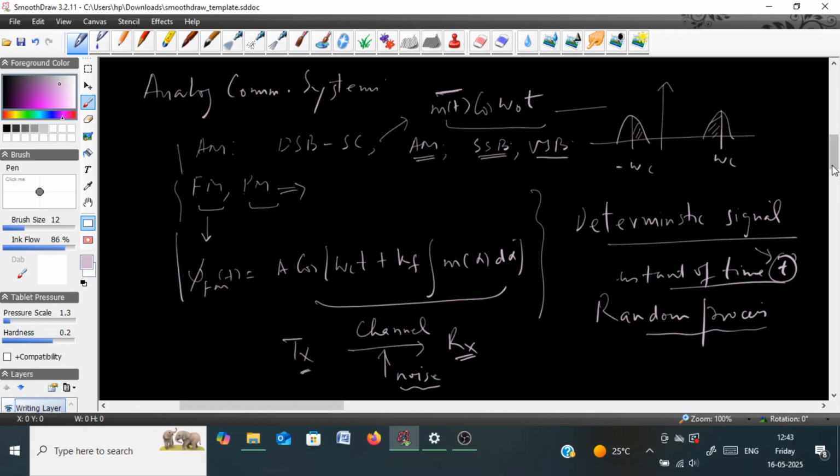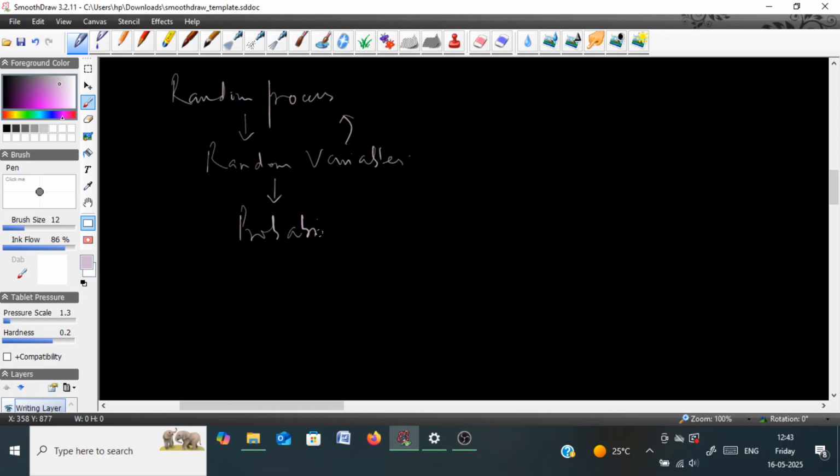So that is why the study of random processes is crucial in the design of communication systems. And to understand the theory of random processes, you need to understand the theory behind random variables, because a random process is nothing but an extension of random variables, and to understand random variables you must understand the basics of probability theory. Okay, theory of probability.